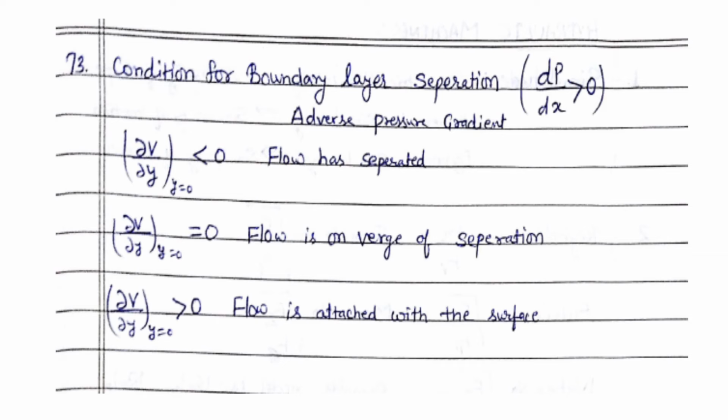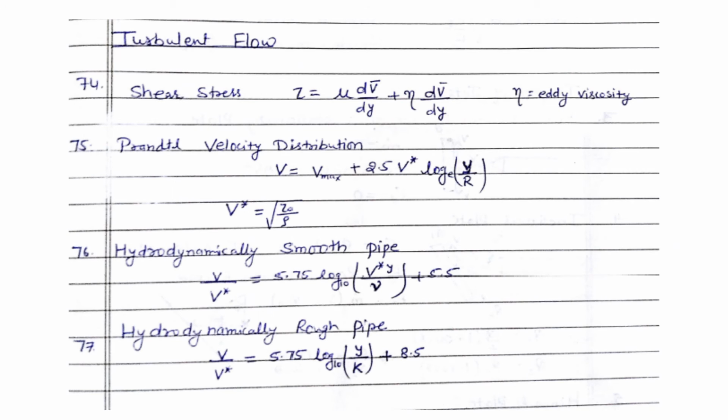If ∂V/∂y is equal to 0, then the flow is on the verge of separation, meaning it is about to separate. And if ∂V/∂y is greater than 0, then the velocity is attached with the surface, so no separation is there. So this is all about the types of flow. In next we will discuss some more topics of fluid mechanics.